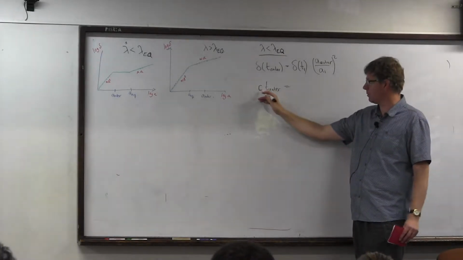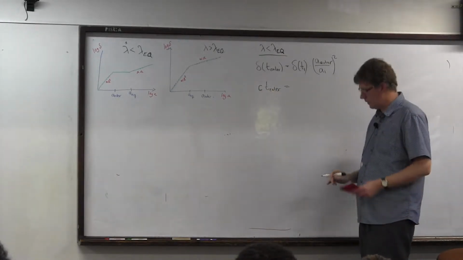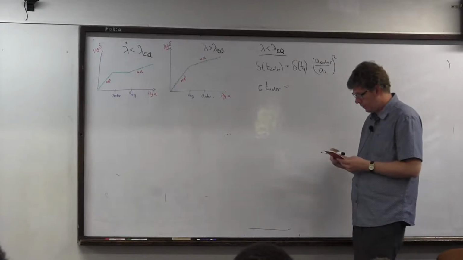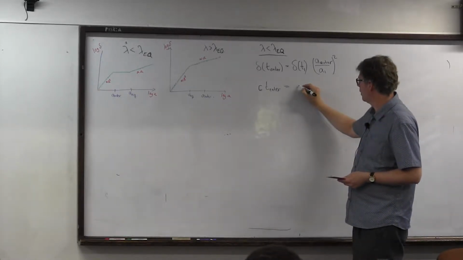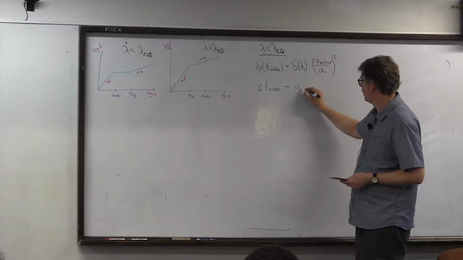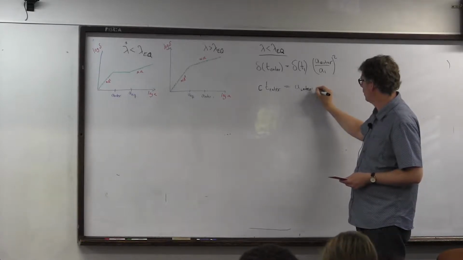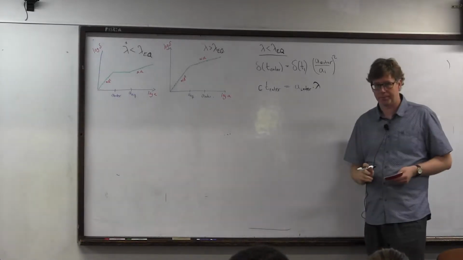This is how far light can travel in T enter time, equal to A enter times the size of this object.